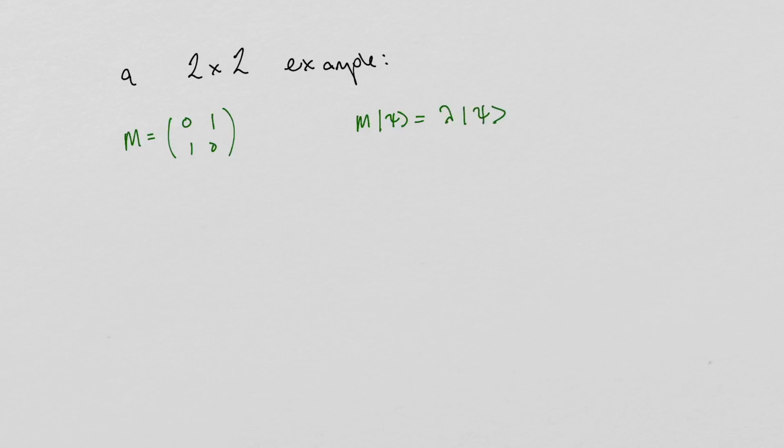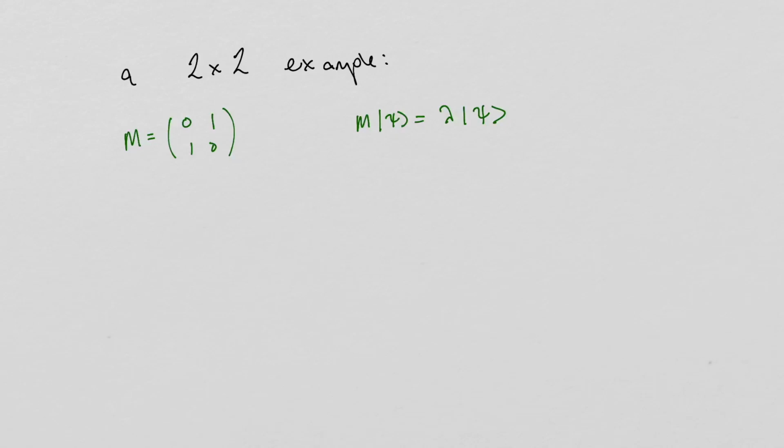I want to solve for the set of states for which this equation is satisfied. That is, the set of states for which lambda turns out only to be a scalar, and the vector on the left-hand side is the same as the vector on the right-hand side.